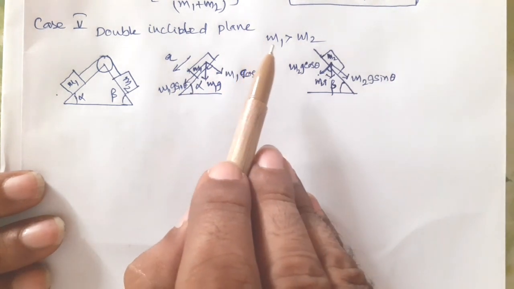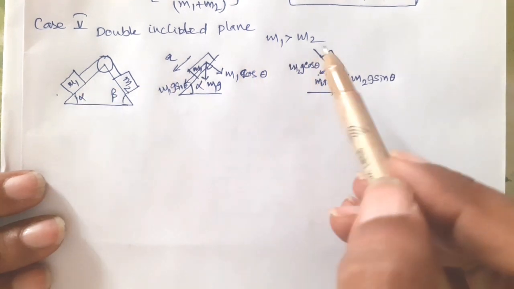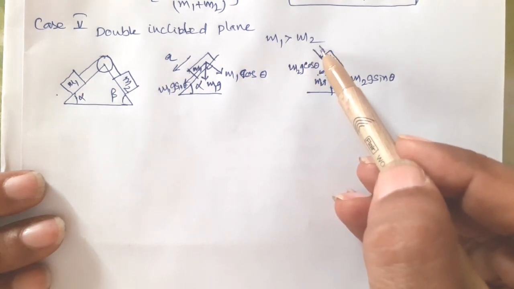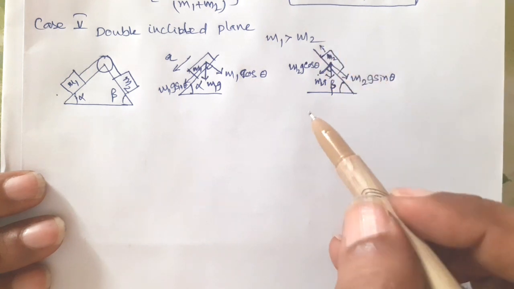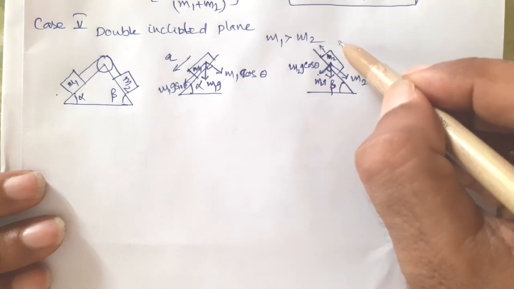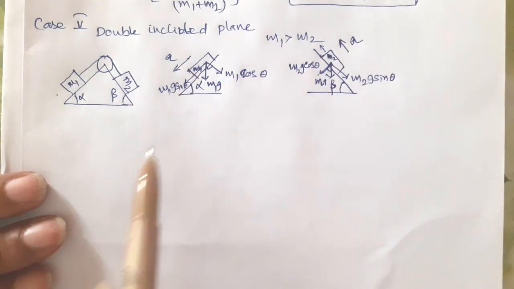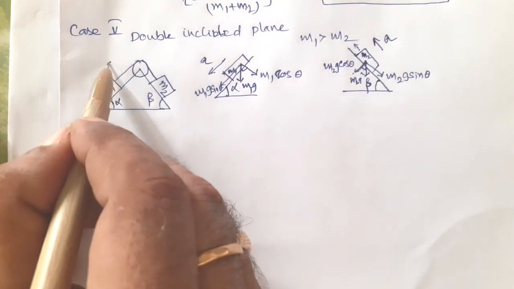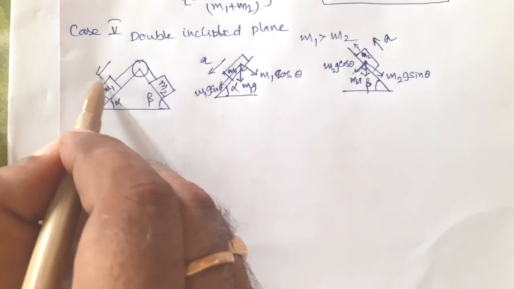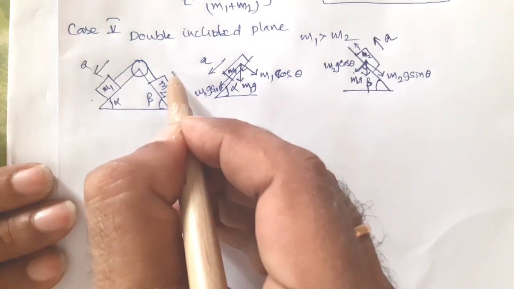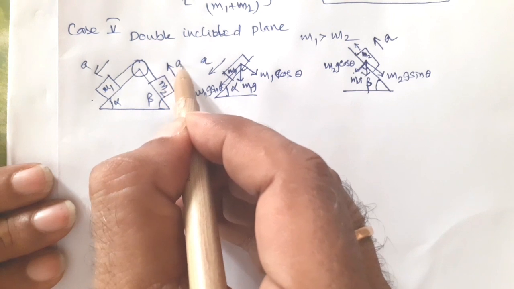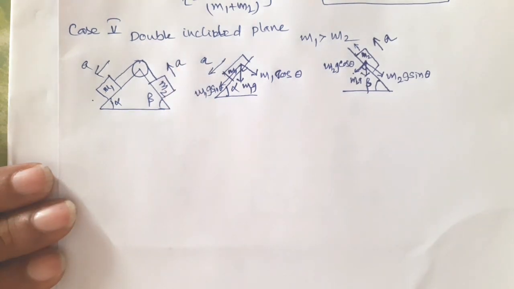Because m1 is greater than m2, this m2 now moves in the upward direction. Therefore, the acceleration of the body on this side is like this and on this side it is in this direction. What about the tensions?